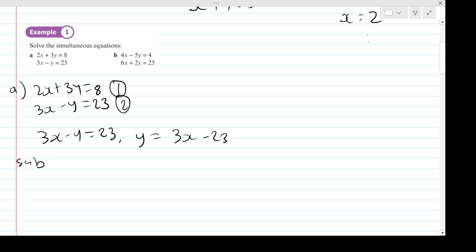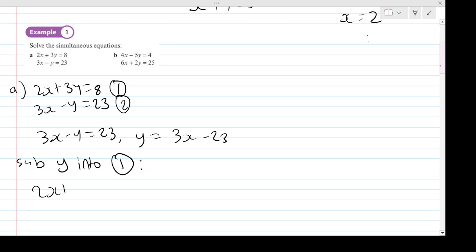It has to be different because the equations are different. They're telling you different things. So just need to be careful of that. So because we used equation 2, we're going to substitute it into the other equation. So I'm going to say sub into 1, or substitute y into 1 to be more precise.